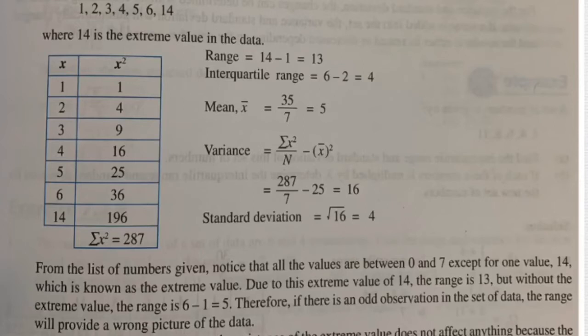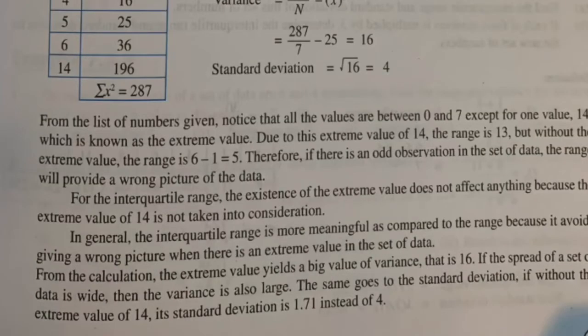Therefore, if there is an odd observation in the set of data, the range will provide a wrong picture of the data. For the interquartile range, the existence of the extreme value does not affect anything, because the extreme value of 14 is not taken into consideration.